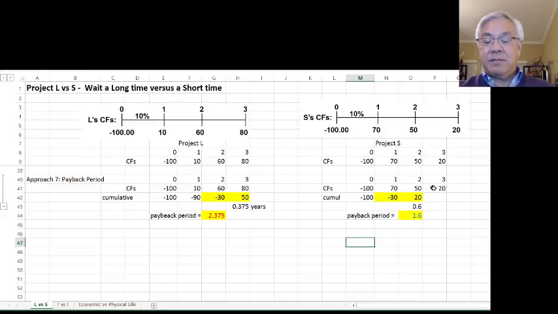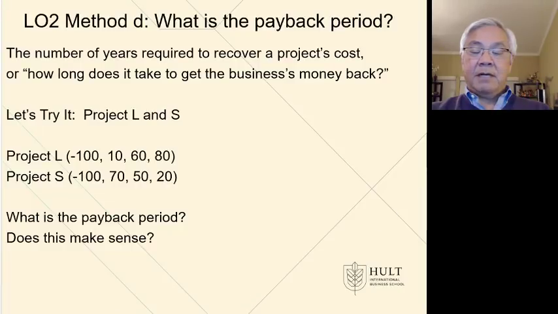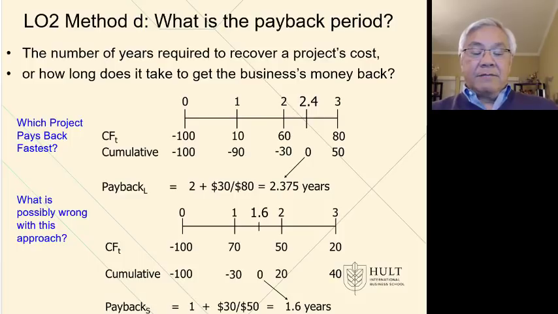So it is possible that if the projects go on beyond year 3, project L may be better because it's still exiting year 3 at a pretty high cash flow, whereas project S may be running out of steam and is going to drop off, right? We don't know that. It's just something we observe. On a strict basis of payback, we get our money back fastest using project S. All right. And that's what this is, just illustration using graphics.